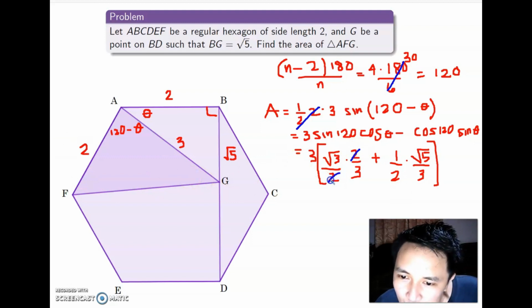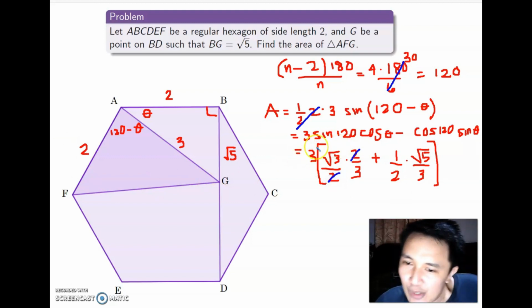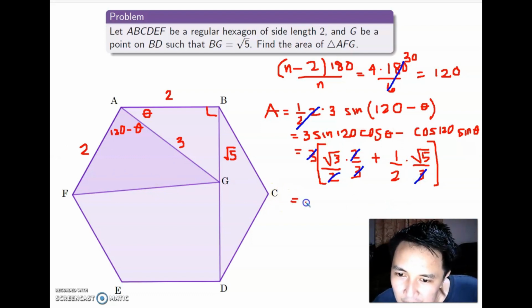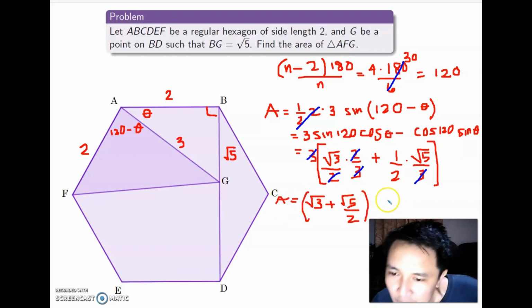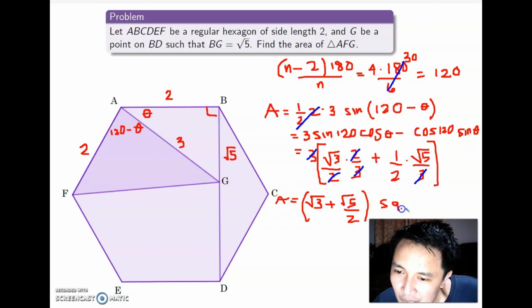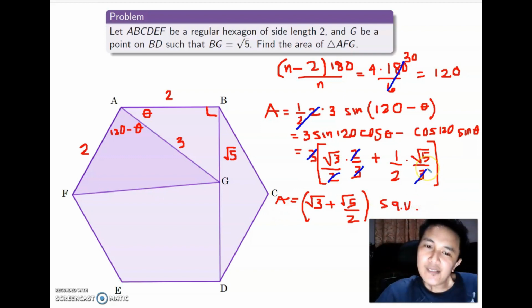The 2 cancels. If I multiply 3 here as well, the 3 cancels too. Therefore, what will be left is that the area of the triangle is square root of 3 plus square root of 5 over 2. So this is the area. Don't forget the square units.